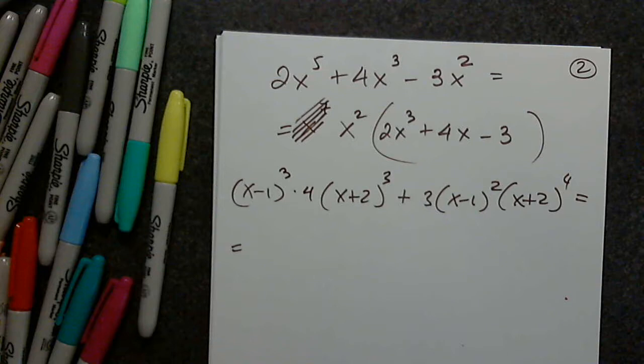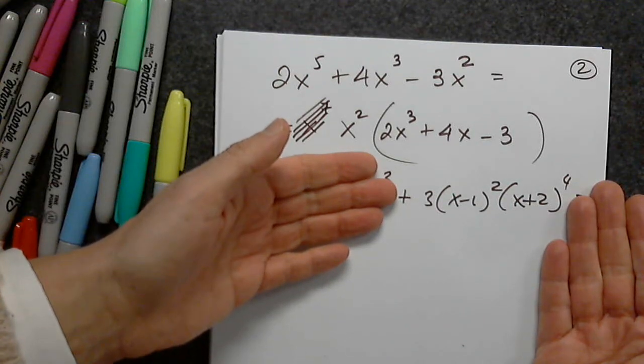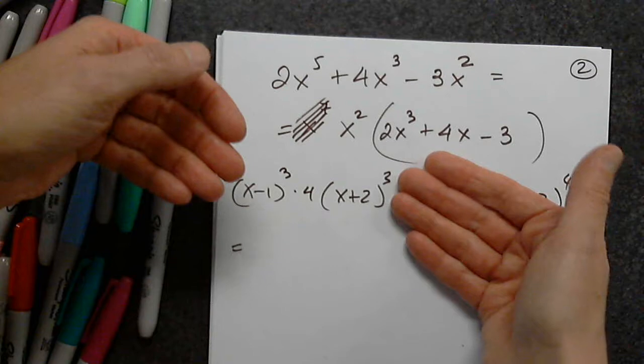After we copy this problem, let's look at it and identify a few things. My first question: is there anything we can do to simplify? The answer is no, there is nothing I can do here to simplify. What about here?